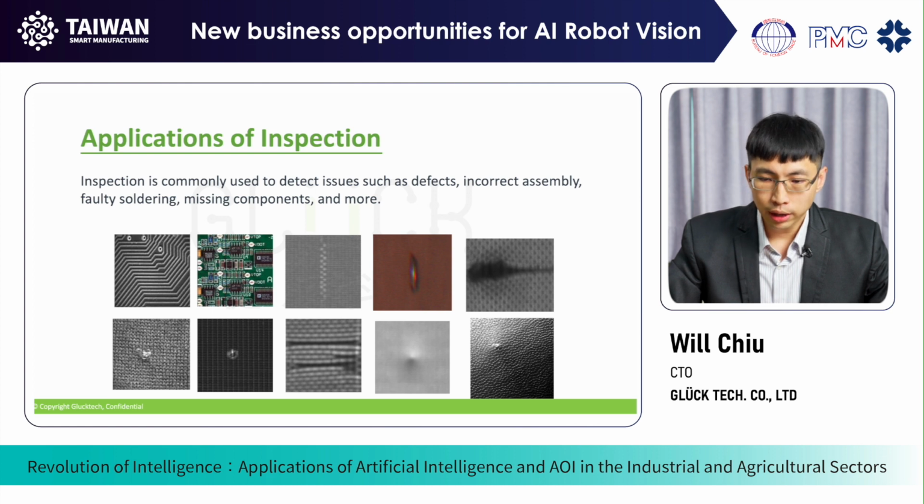It combines highly precise optical systems and algorithms to inspect the products during the manufacturing process to ensure they meet design specification and quality standards. AOI inspection is commonly used to detect issues such as defects, incorrect assembly, faulty soldering, missing components, and more.